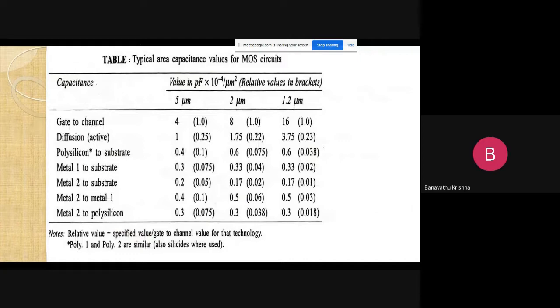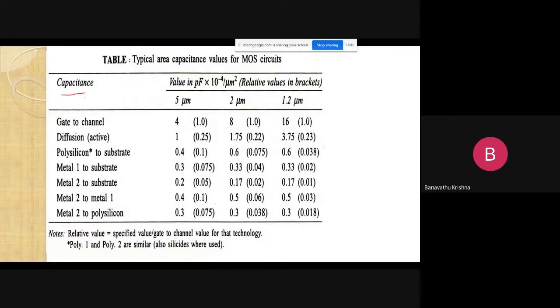You want to remember these values. This is very important from a problem-solving point of view. If you are given the capacitance values, there is no problem. If they are not given, then you must remember these values to calculate or simplify the particular problem.